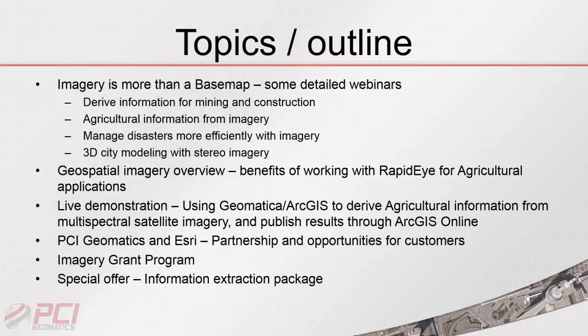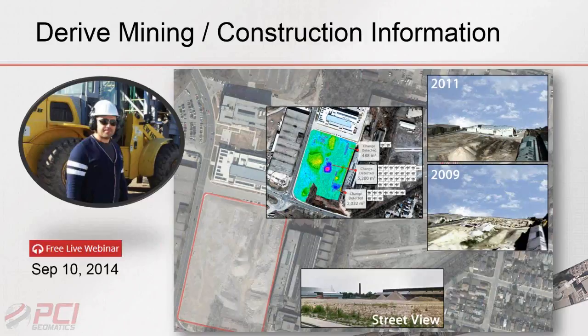So some of the other webinars that we have done and are planning to do, just a really quick overview here. Those of you who were present last week at our mining and construction information webinar, thanks for coming back. If you did not get a chance to see this particular topic, it's quite interesting. What we did in this case is we leveraged stereo overlapping imagery from both satellites and airborne sensors to derive elevation models.